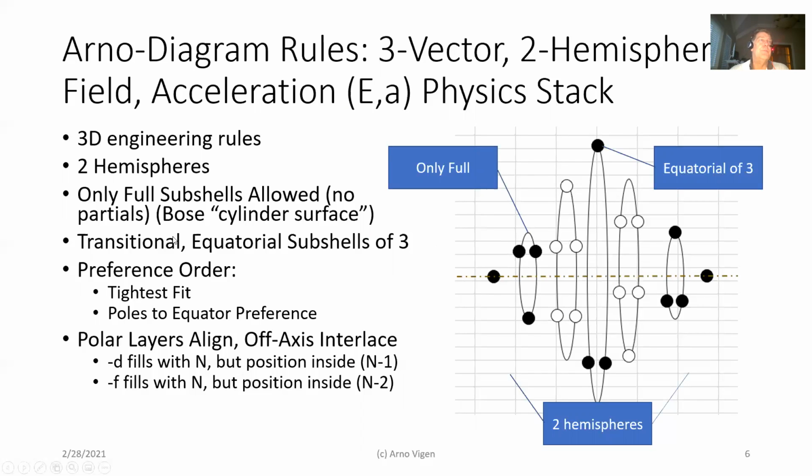Well, not quite. You see, there's a transitional equatorial subshell of 3, and maybe 4 or 5 if you get out to xenon or something very, very big. Now, in those cases, you basically have an electron subshell, but the height of that cylinder is 0, so you don't get the doubling.